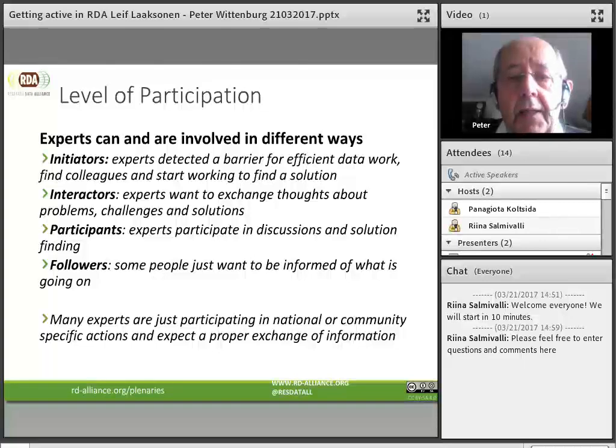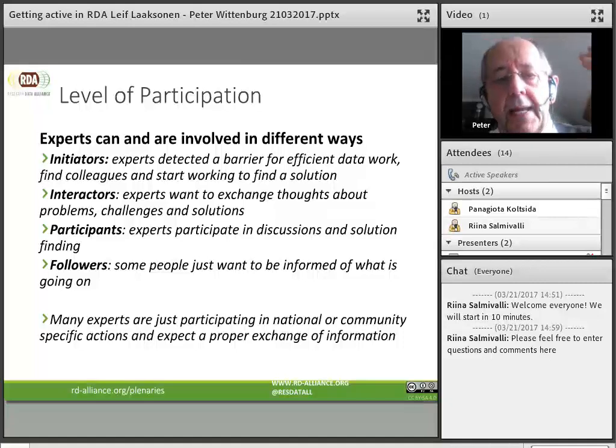They are there in the discussions and at the plenaries, and are active in solution finding, provide use cases. And then certainly you have a large group of followers who just want to be informed. They don't come per se to plenaries, but they look at the websites or so, and look at the documents, what's happening. So there are different levels of participation.